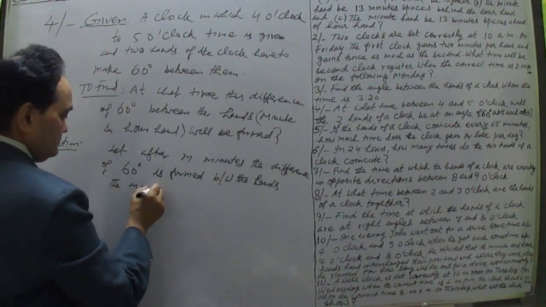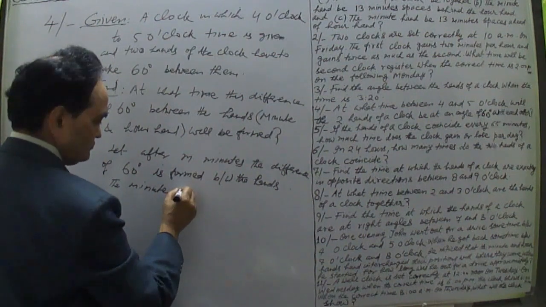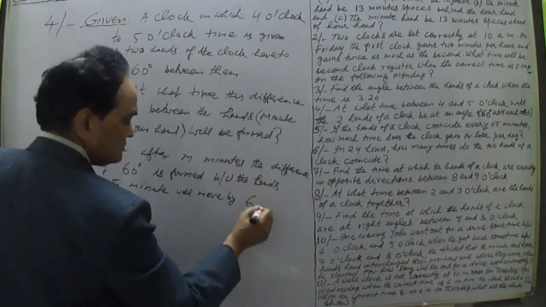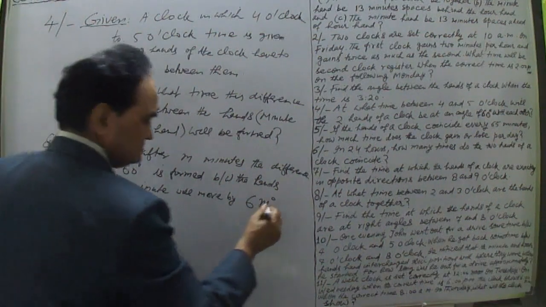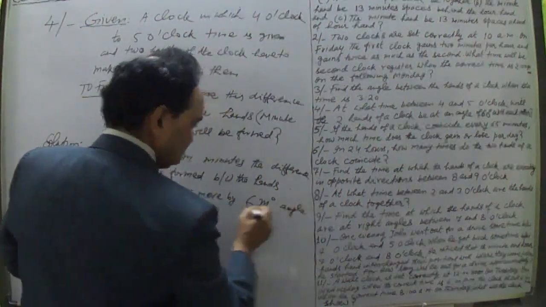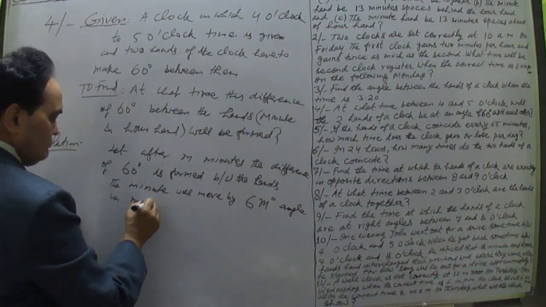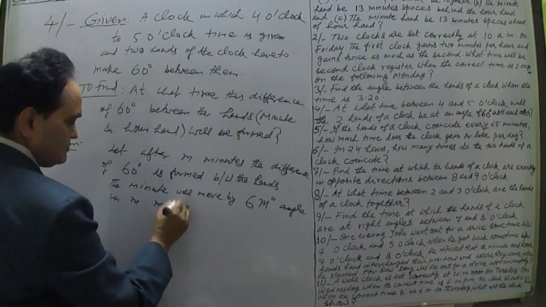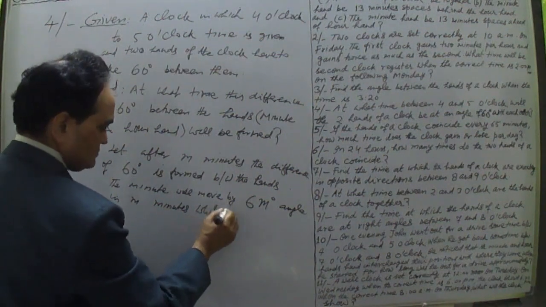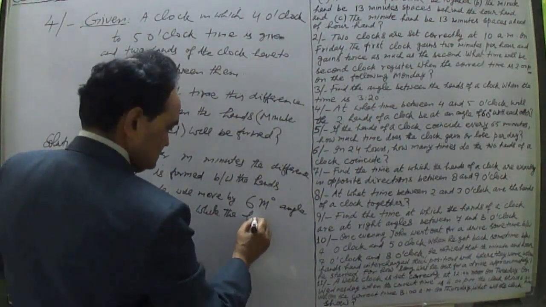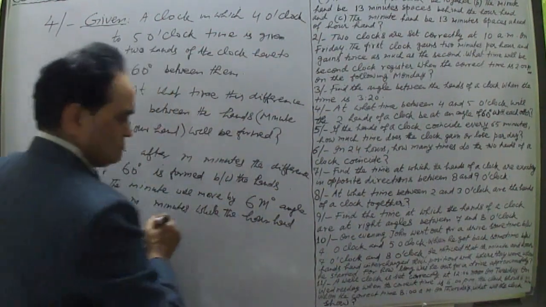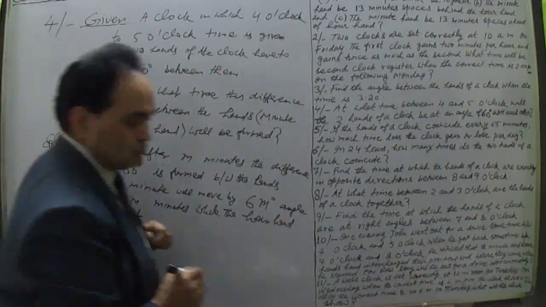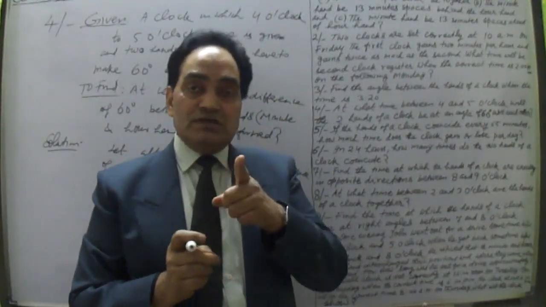The minute hand will move by 6 into m degree angle in m minutes, while the hour hand is at, now it is 4 o'clock. At 4 o'clock, what angle is the hour hand making with the vertical line?